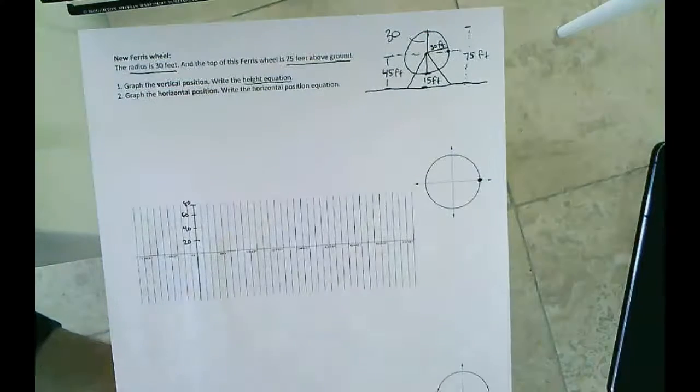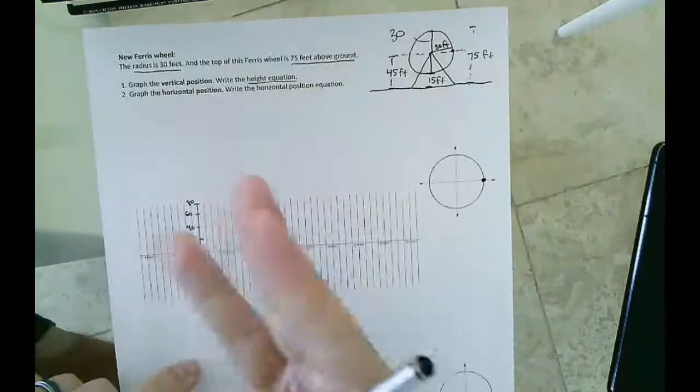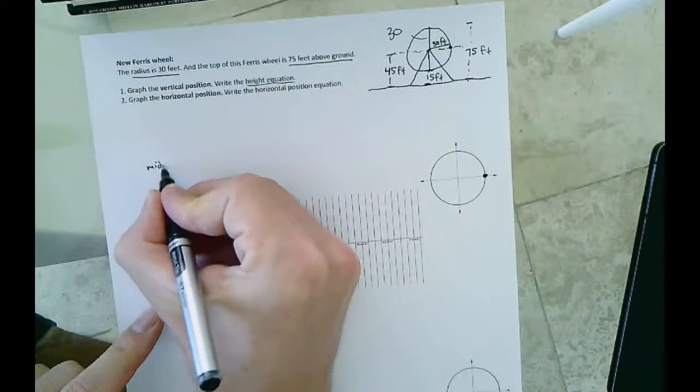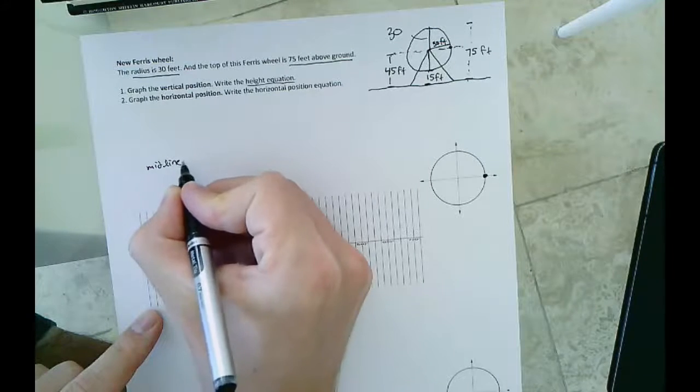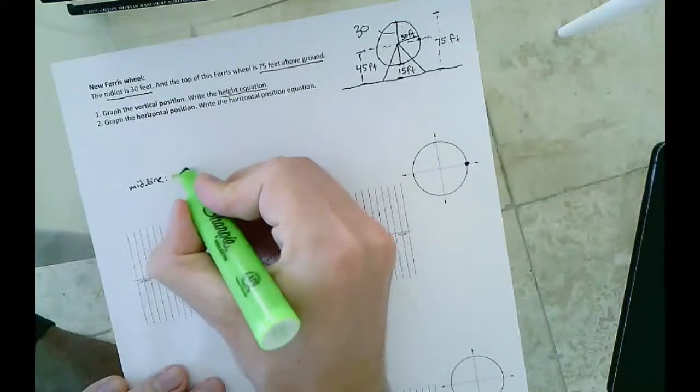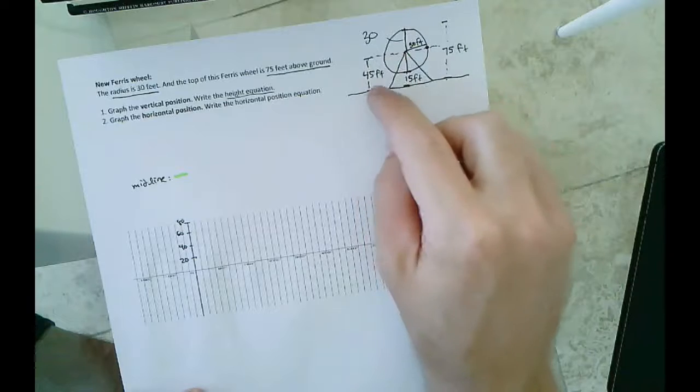Now we need to highlight and keep in mind 3 things when we graph. We should keep in mind our midline, and that is so important that I'm going to put that in green highlighter right here. So my midline, I know, is the middle of this Ferris wheel, and that's going to be 45 feet.